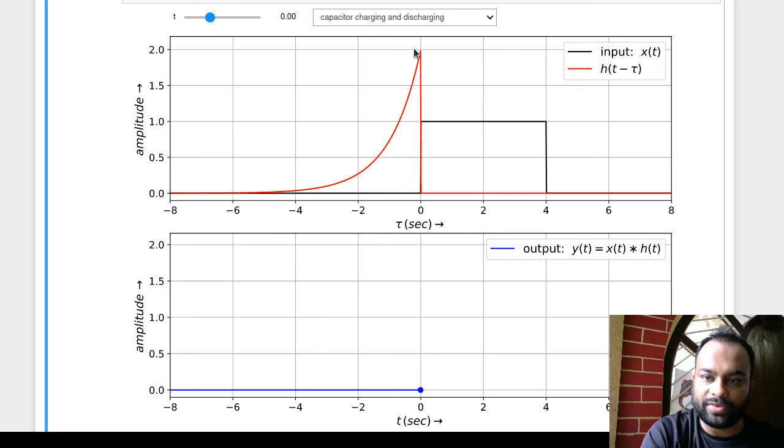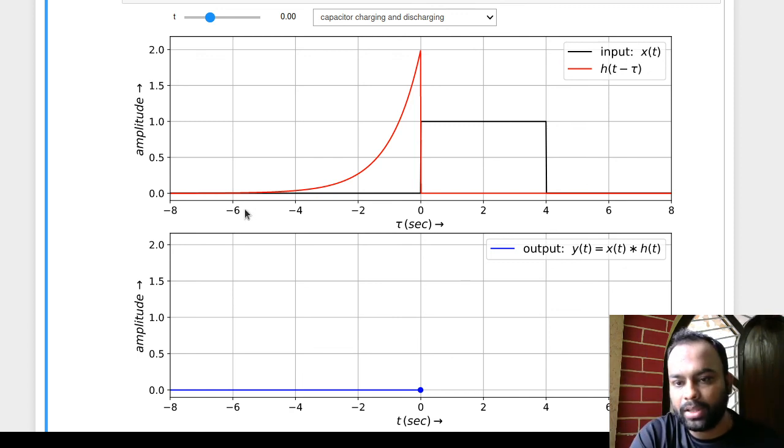This is h(minus tau), not h(tau), we have just flipped it. So this is the impulse response of a series RC circuit, and this is a pulse. We know about the impulse response of a series RC circuit.